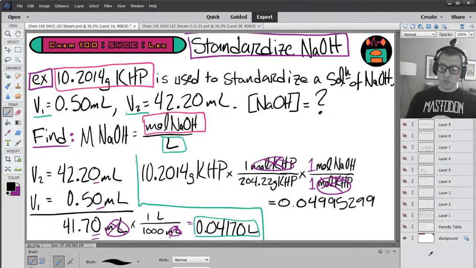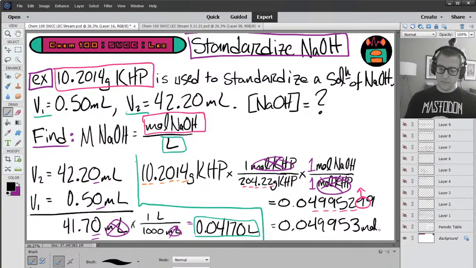When you look at the number of moles sig figs we can keep, our mass has 1, 2, 3, 4, 5, 6. And our molecular mass has 1, 2, 3, 4, 5. So we can keep 1, 2, 3, 4, 5, which means this 9 rounds up. So this is 0.049953 moles of sodium hydroxide.